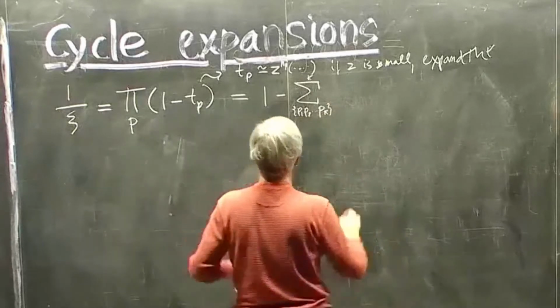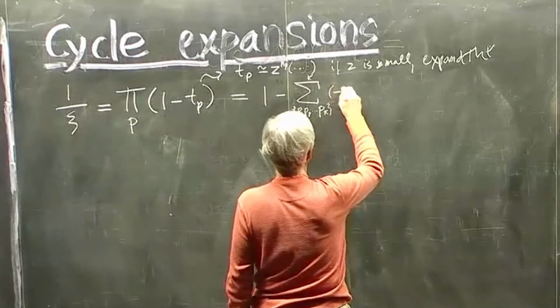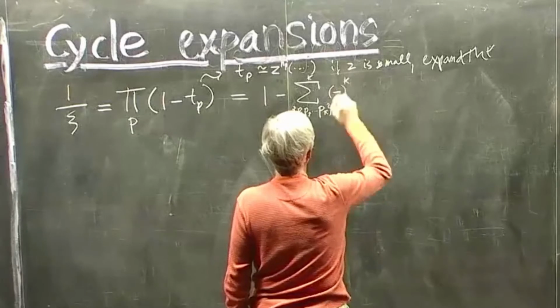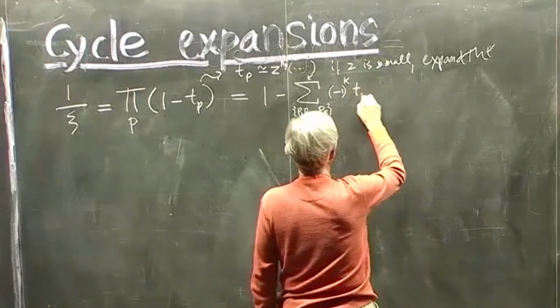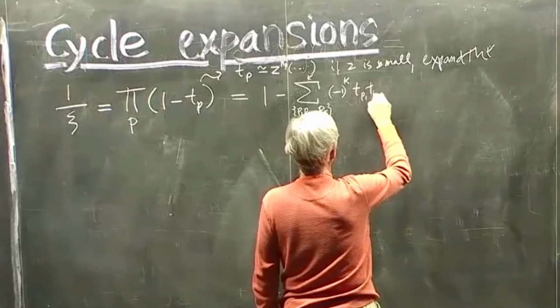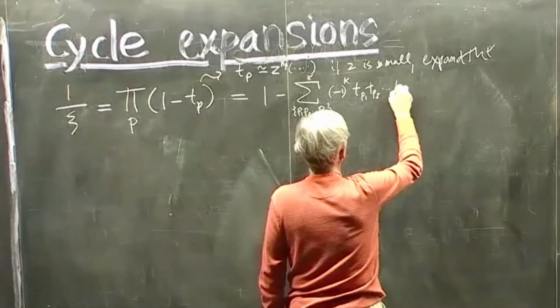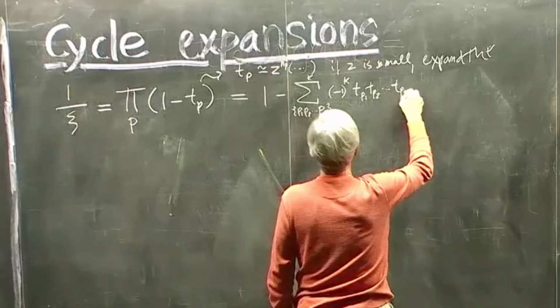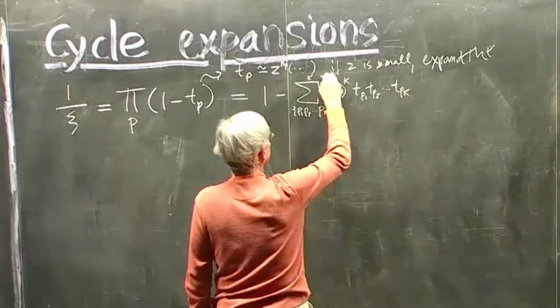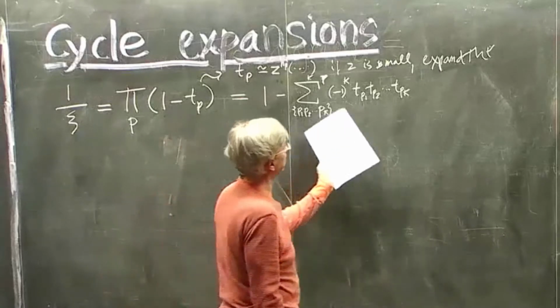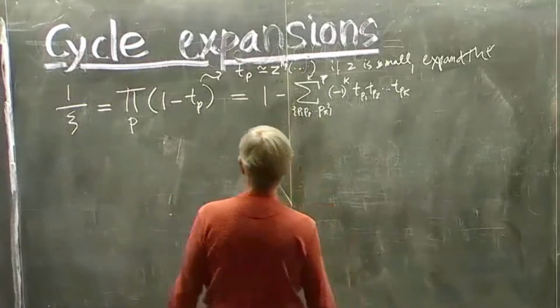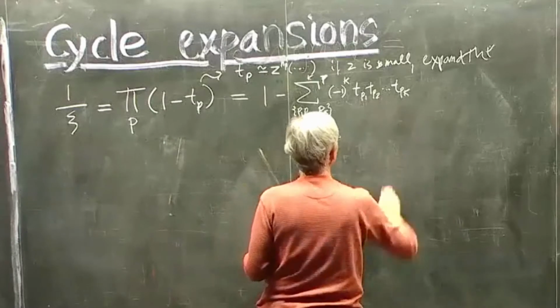And then each one of them carries a minus sign, so there's a minus to the kth power. And then there's the product Tp1, Tp2, Tpk. And we'll put here a little dash saying that they have to be different prime cycles, not the same ones.